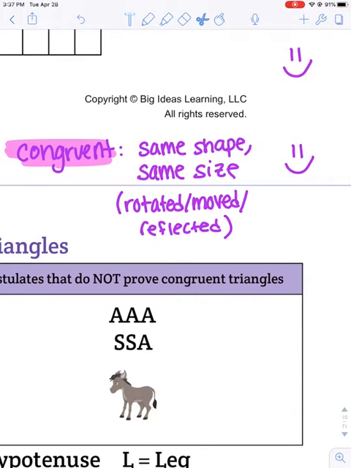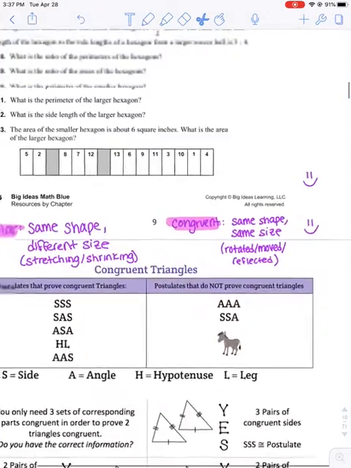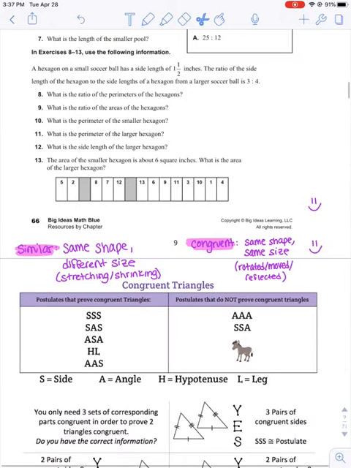Those are congruent. So like if I duplicate it and move it, these two smiley faces are congruent. They're the exact same size and the exact same shape, but I've moved one of them. I could have also flipped one of them, or I could have rotated one of them. But as long as they're the same size, they're considered congruent.